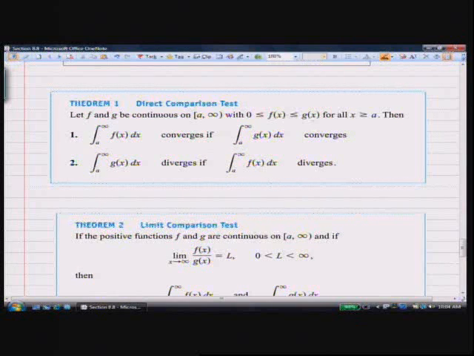But if your function is f of x, and the one you're looking at is always bigger than one that you know diverges, then you know this one diverges as well.